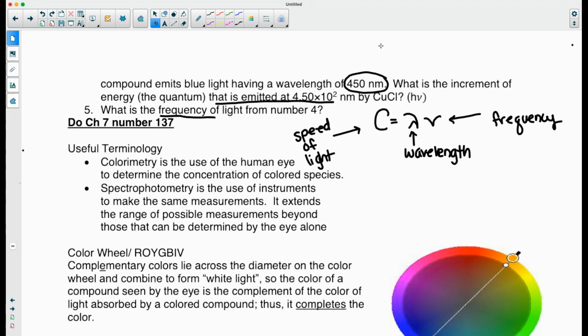Remember, these are all on the AP Chemistry equations and constants sheet under atomic structure.